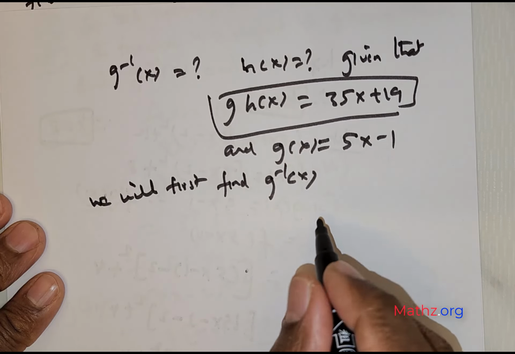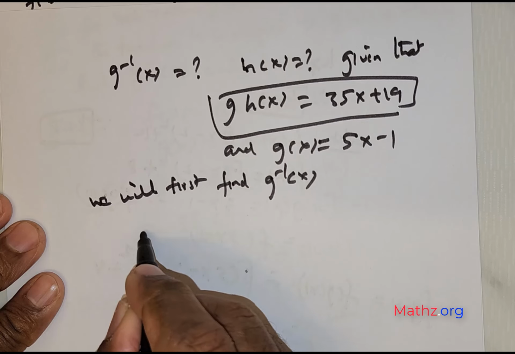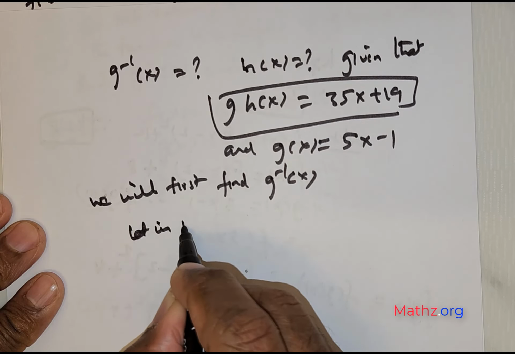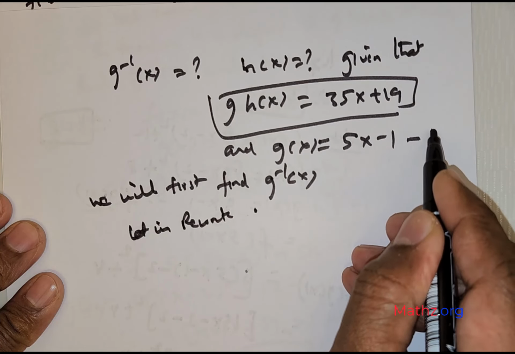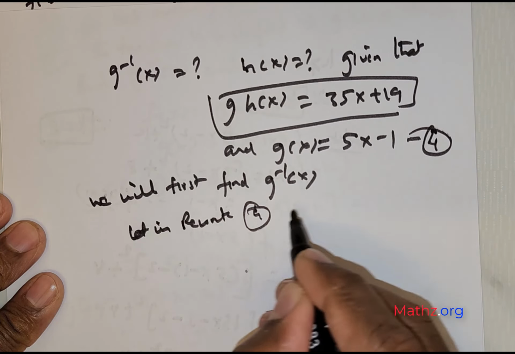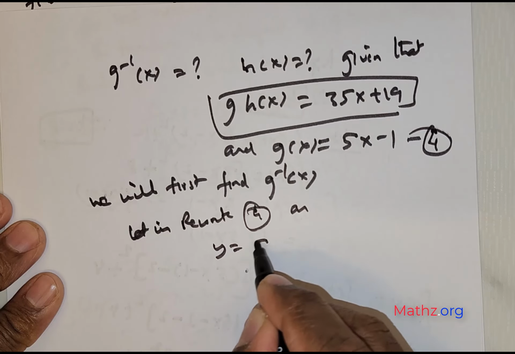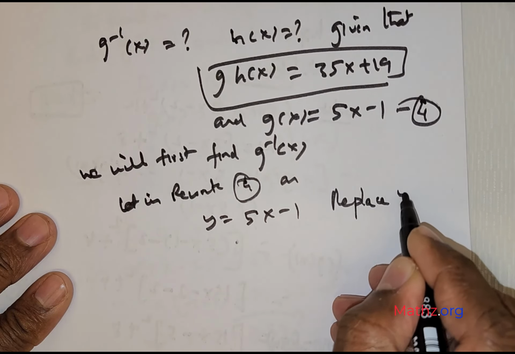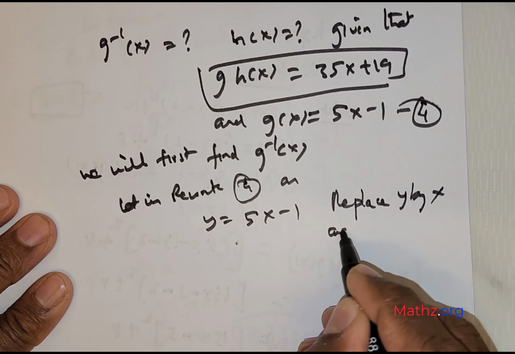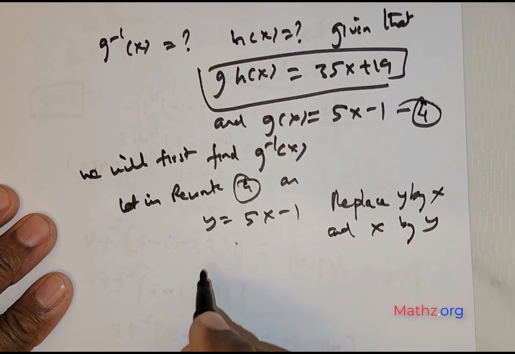Foremost, what I would do is, I will rewrite this as, let us take y is equal to 5x - 1. Then you replace y by x and x by y.